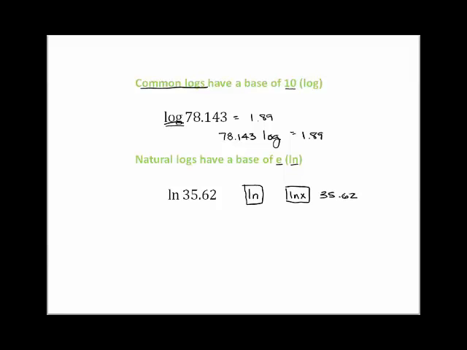And again, some other calculators reverse this. They want you to put in the 35.62 and then this button. But most of the calculators now work where you put in the ln button and then the value. And it should give you an answer of 3.573 or thereabouts. So that's working with the log button and the ln button.